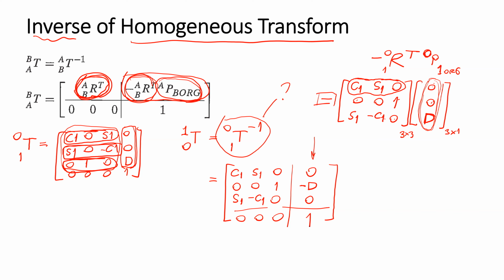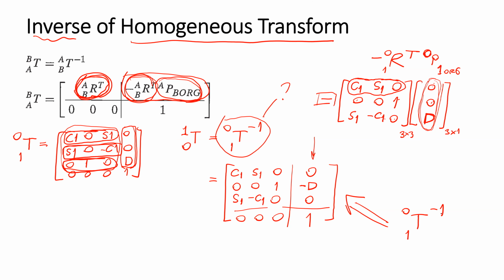So yes, this one is the inverse homogeneous transform of the first link.